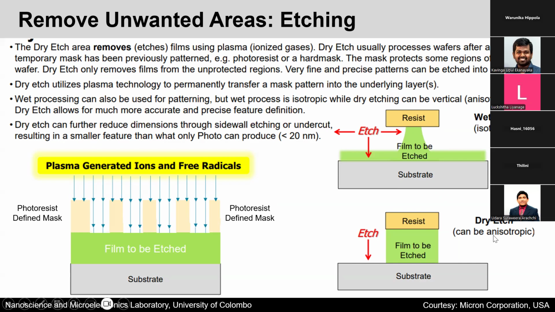So that is anisotropic. Dry etch is usually done using high energy particles, and it has a particular direction. But wet etch is usually isotropic because you are using basically chemicals, and chemicals etch in every direction once the film is exposed.